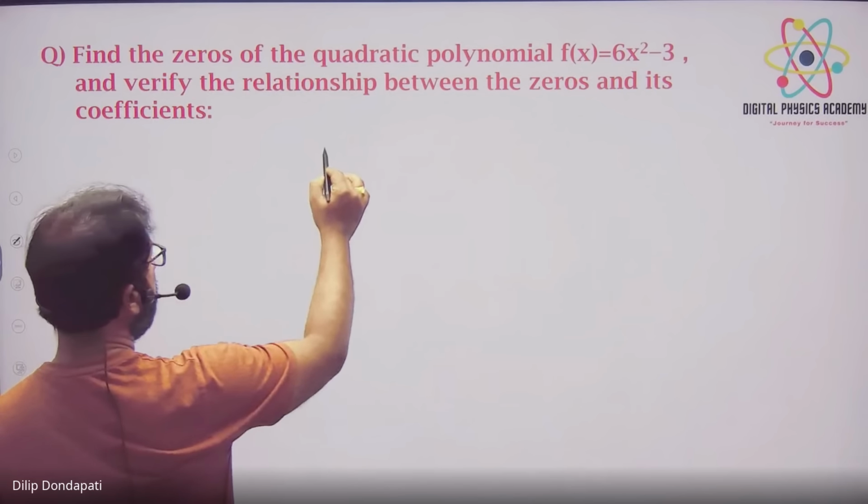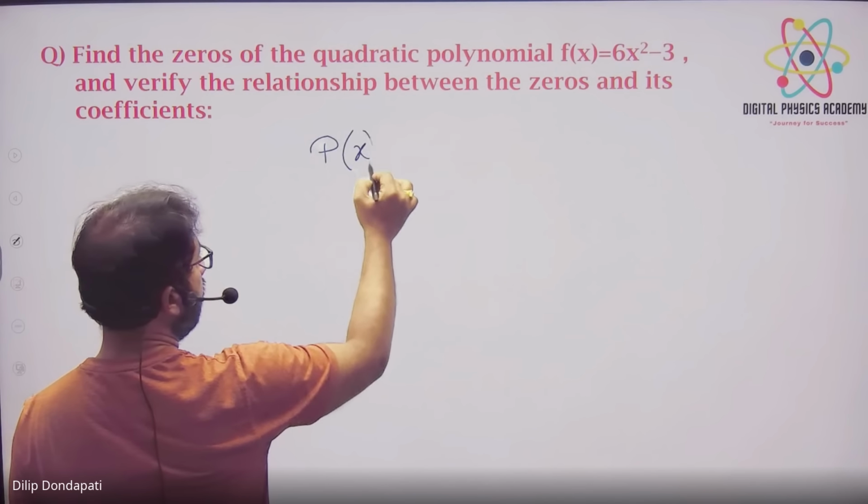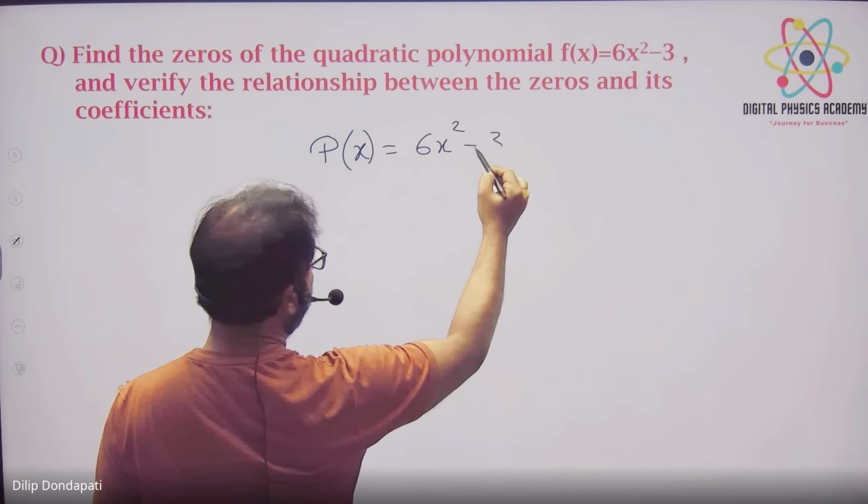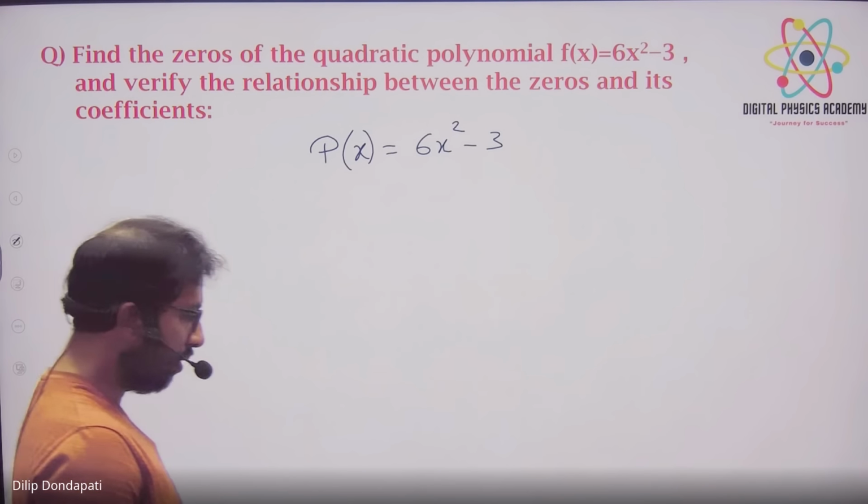Same type of model. He has given polynomial p of x is 6x square minus 3. Now find the zeros of the polynomial. देखते हैं कौन करेगा.